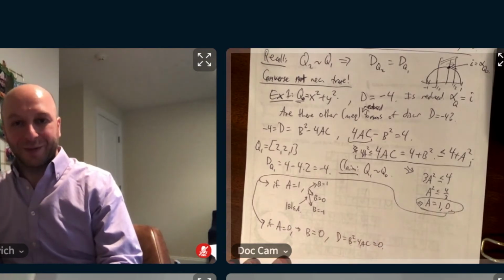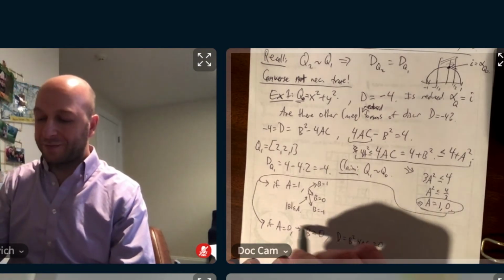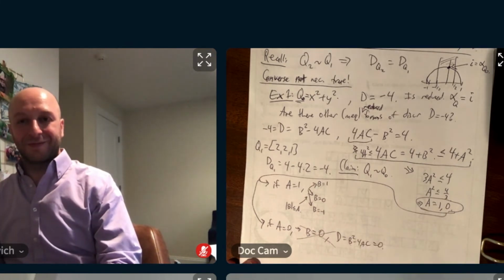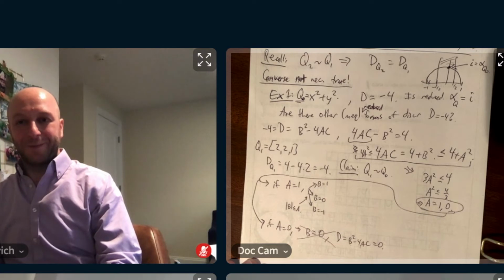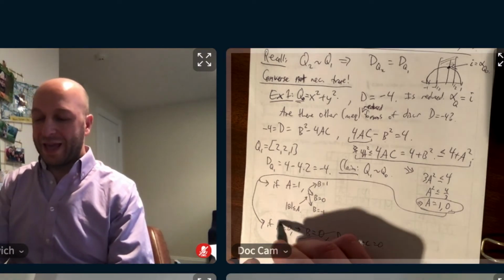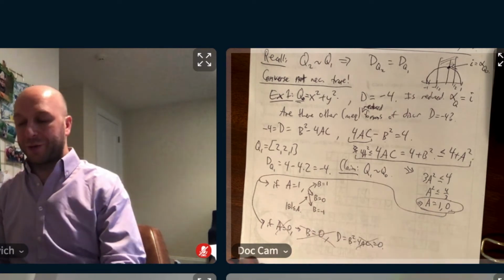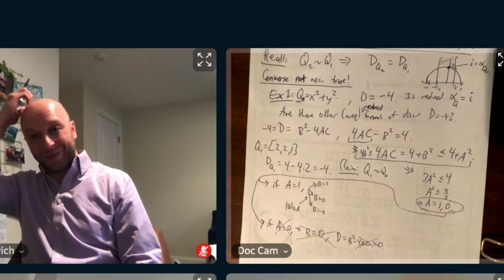So that's not possible, right? This we rule out. Does everybody see that? So A can't be 0, because D is not 0. We're trying to understand D equals negative 4.